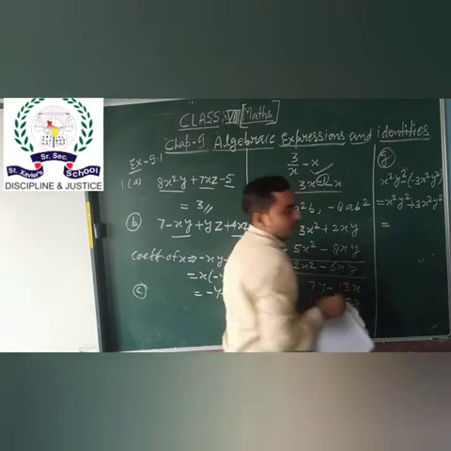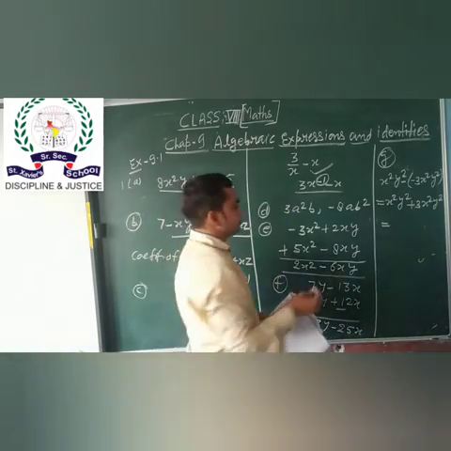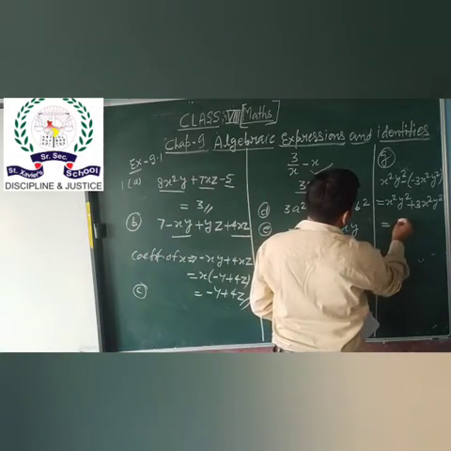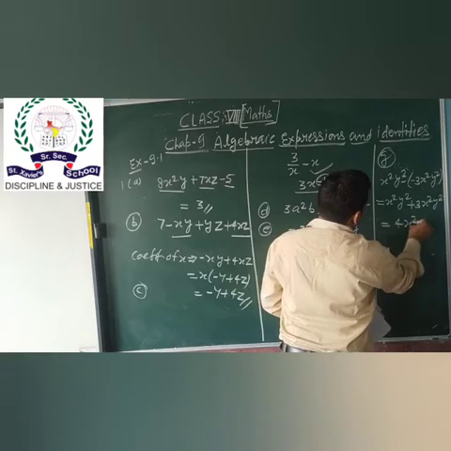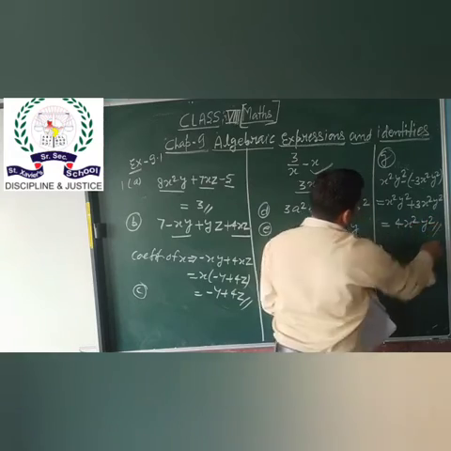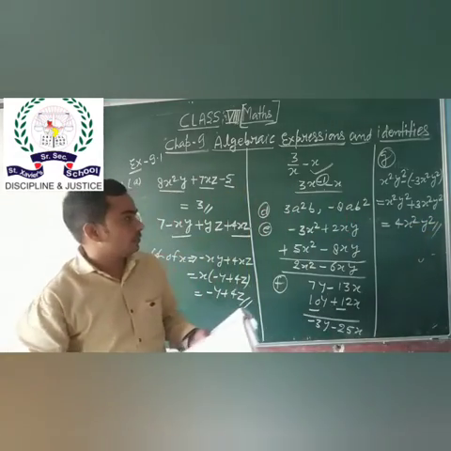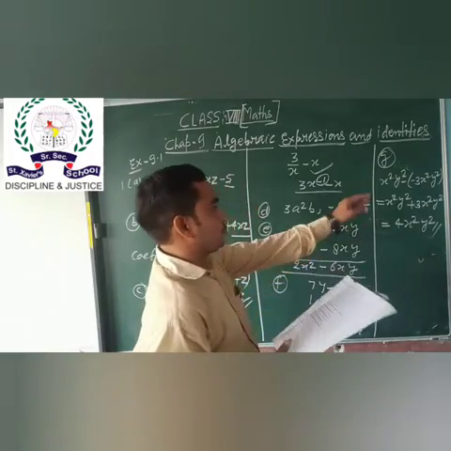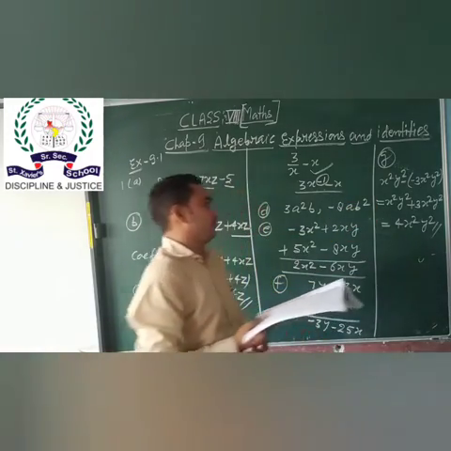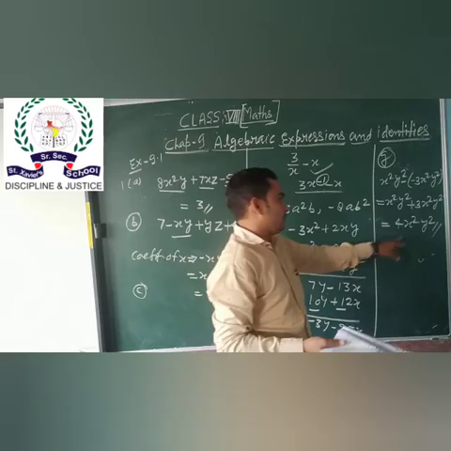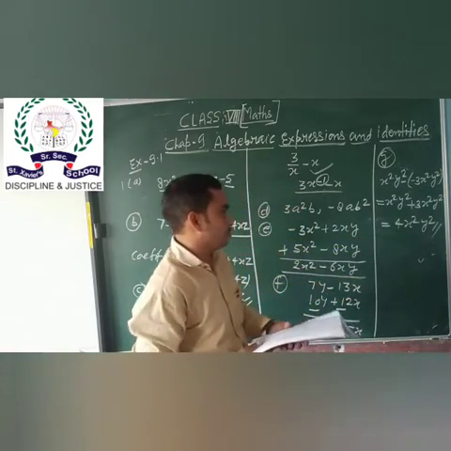Both are like terms. So when we add, 3 plus 1 is 4. So we get 4x square y square.